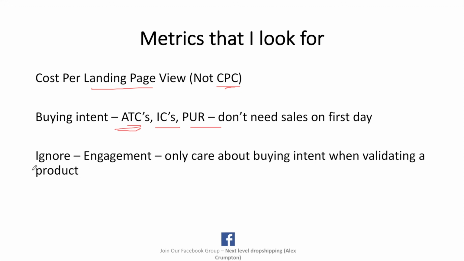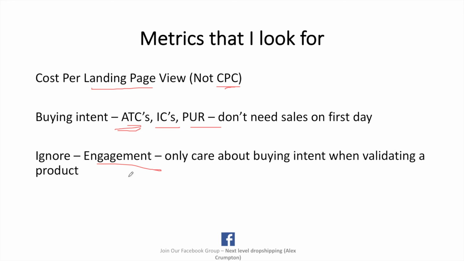And I also ignore things like engagement. I see a lot of dropshippers get like 50 shares in the first day and they think they've got a winning product and they start to scale, even if they haven't got any of this, because they think that because their ad's going viral or they're getting loads of engagement, people want to purchase the item.